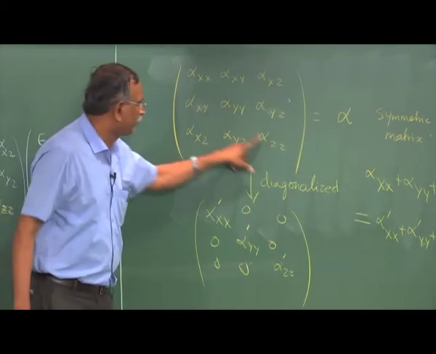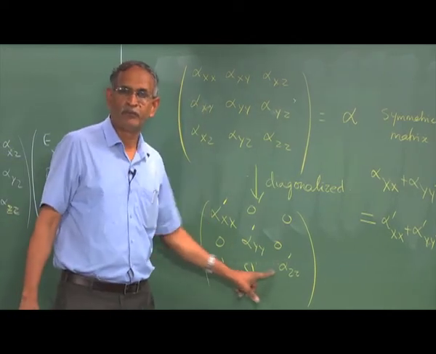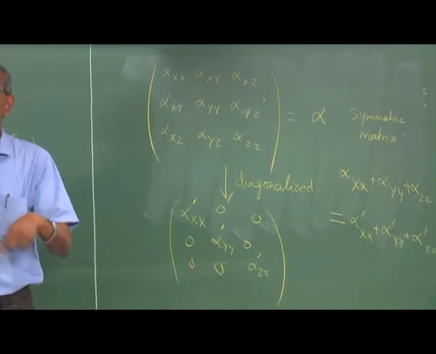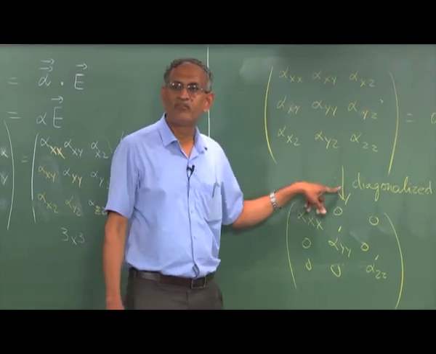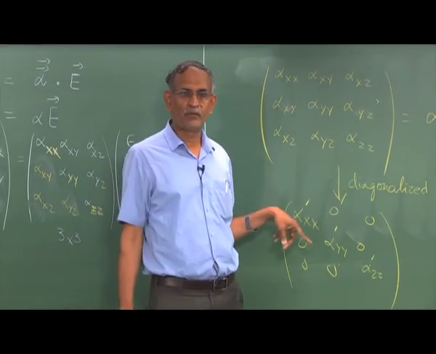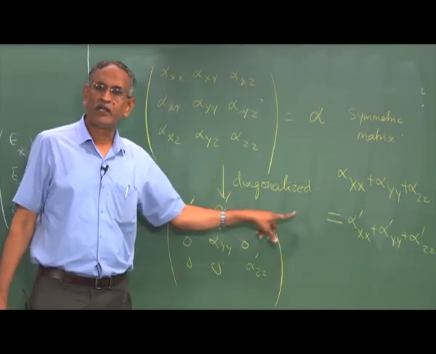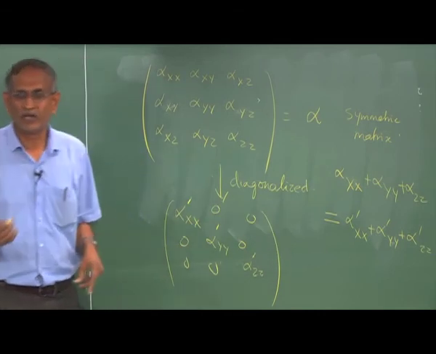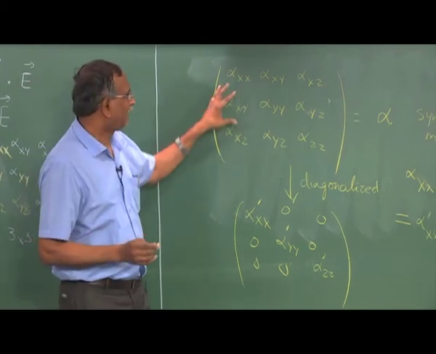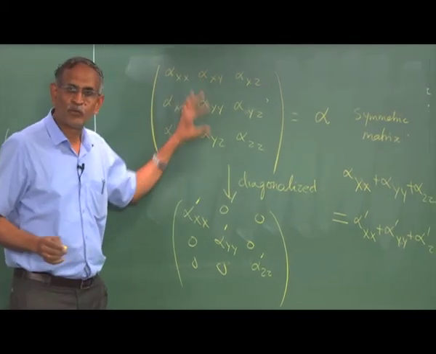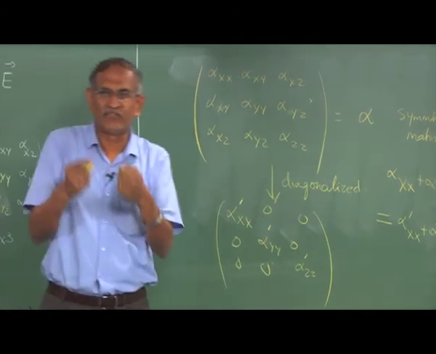The trace of the matrix is the sum of the diagonal elements of the matrix. The trace of the matrix is invariant to the process of diagonalization. In this case, this is a similarity transformation, and this being a real and symmetric matrix, this similarity transformation is also known as an orthogonal transformation. Therefore, not only do we have 6 quantities come down to 3 quantities with respect to some new axis system.